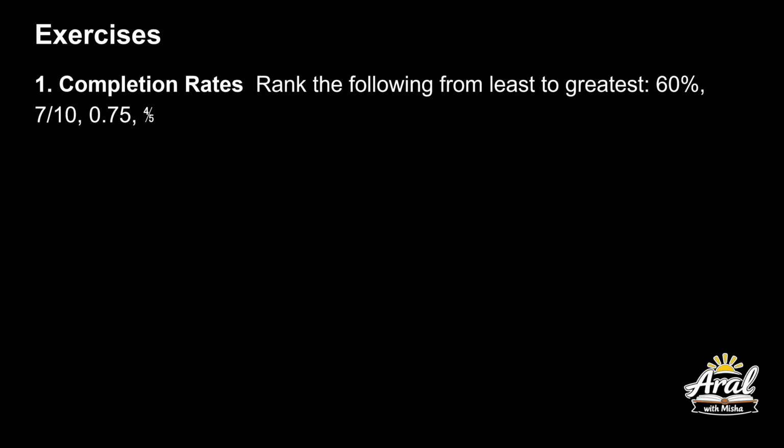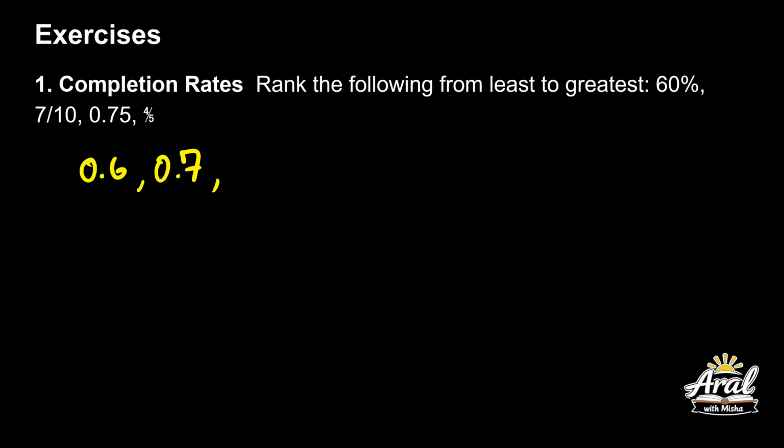So, okay, completion rates. Rank the following from least to greatest: 60%, 7 out of 10 or 7/10, 0.75, 4/5. Okay? So, gawin natin decimal lahat para pareho lahat. Ang una is 0.6. That's 60%. 7 out of 10, 7 divided by 10, that's 0.7.